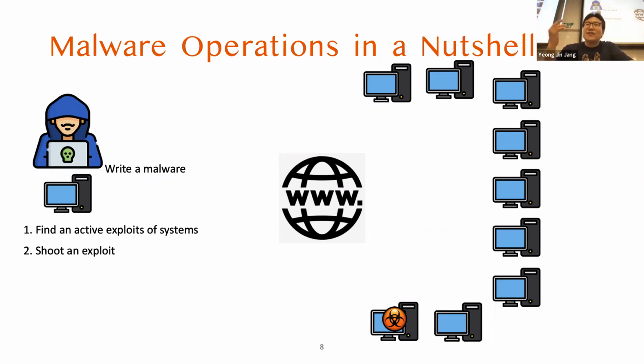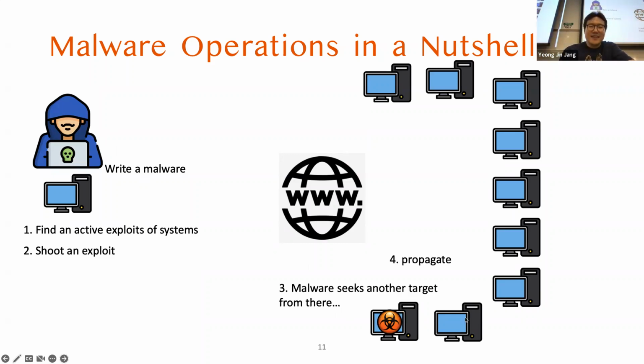To avoid that, they write the malware to propagate by itself. It's a software attack, so the attackers don't have to launch the attack directly. After getting into one machine, the malicious software looks for another target, and if there's another computer, it hacks it and propagates, and it can go on and on.